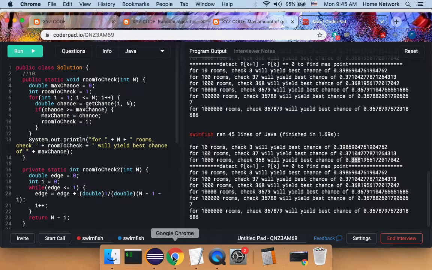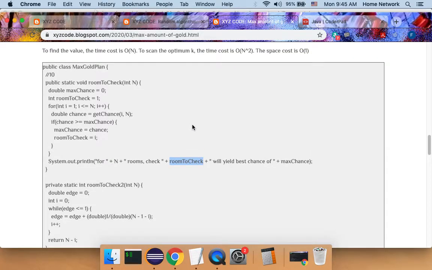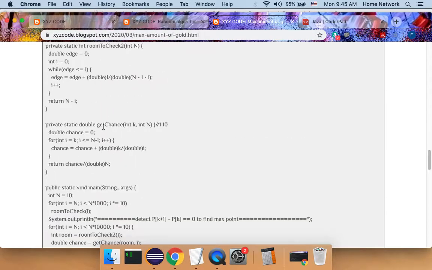And let's go back to the program. This program has a little bit of a disadvantage, because in order to find the maximum value, we need to scan from 1 to n. And the total cost will be n squared, because for each scan we need to do the shuffle, right?